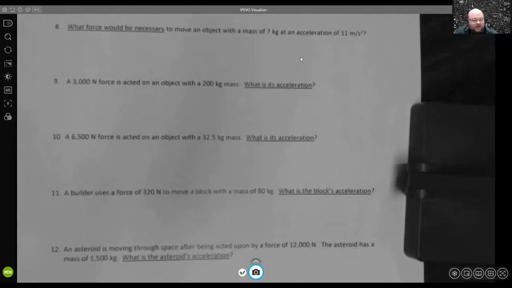This time they give us the force and they give us the mass, and we've got to figure out acceleration. So let's look through that. A 3,000 newton force is acted on an object with a 200 kilogram mass. So what is acceleration? Well, if we look at the equation on the front, it says acceleration equals force divided by mass.